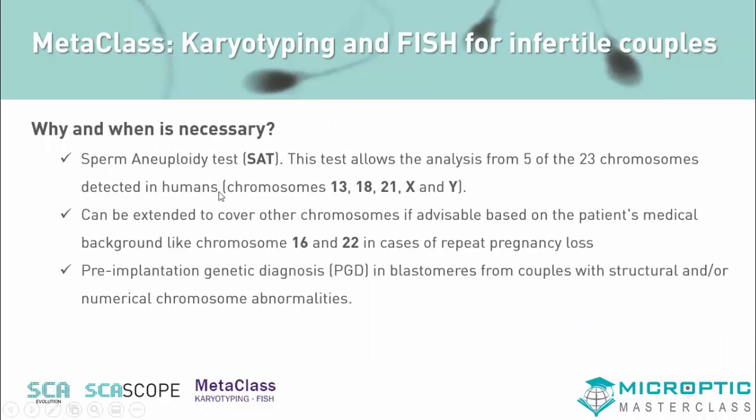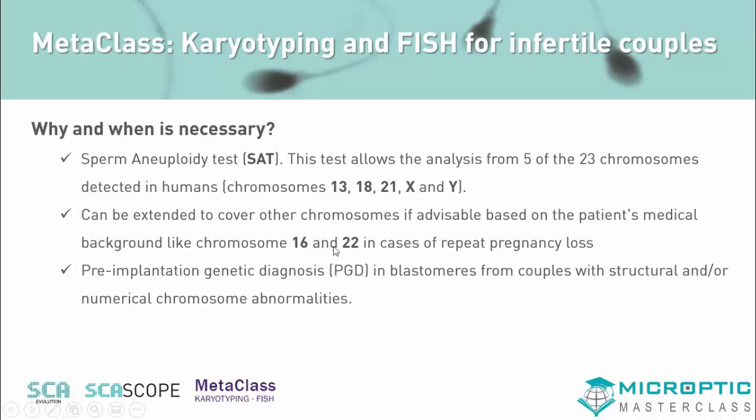And why and when is it necessary to do the FISH? There is a technique that is the sperm aneuploidy haploid test. In this test, normally we analyze 5 types of chromosomes: 13, 18, 21, X and Y. What we do is check if in these chromosomes there are more or fewer than 2 copies. It can also be extended to cover other chromosomes, based on the patient's medical background, like chromosomes 16 and 22.